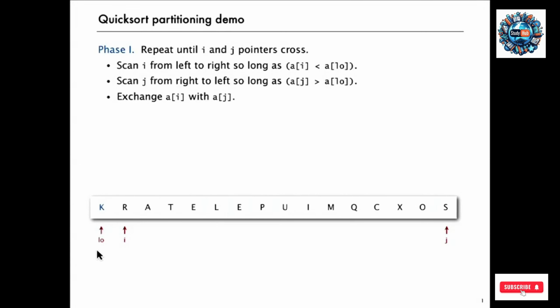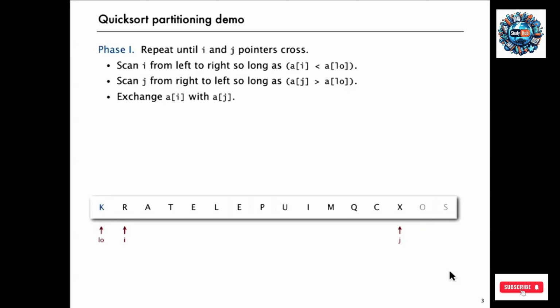So we start again by picking k as the partitioning element. And then our method is to move the i pointer from left to right as long as what we have is less than the partitioning element, and move the j pointer from right to left as long as it points to an item that's greater than the partitioning element. So in this example, the i pointer stops right away because it's pointing to an R, which is bigger than the partitioning element.